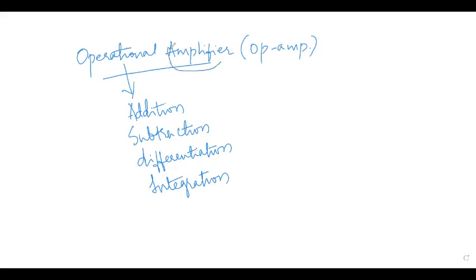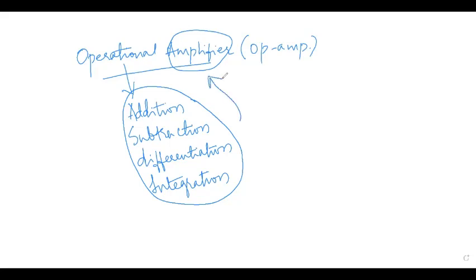And it also amplifies the signal. Therefore, the name is operational amplifier. It means it performs mathematical operations on the signal as well as it amplifies the signal. Therefore, combinedly it is called op-amp.